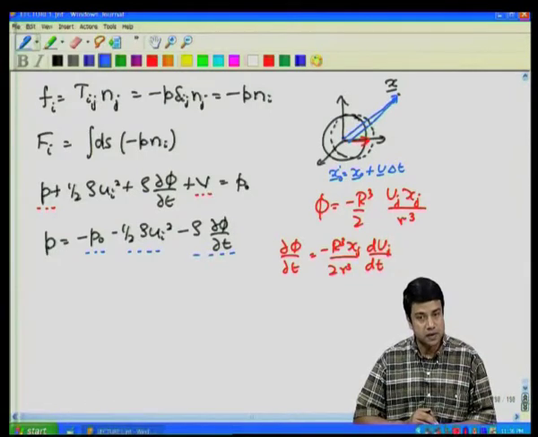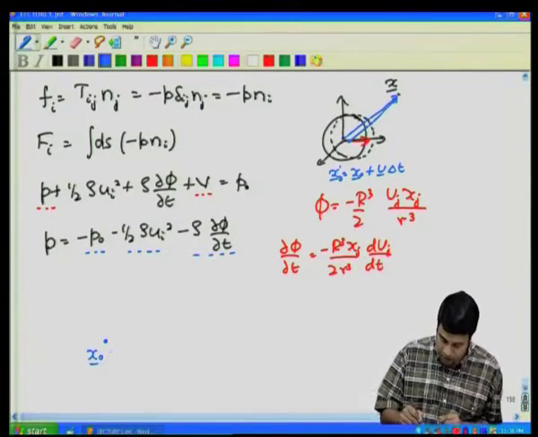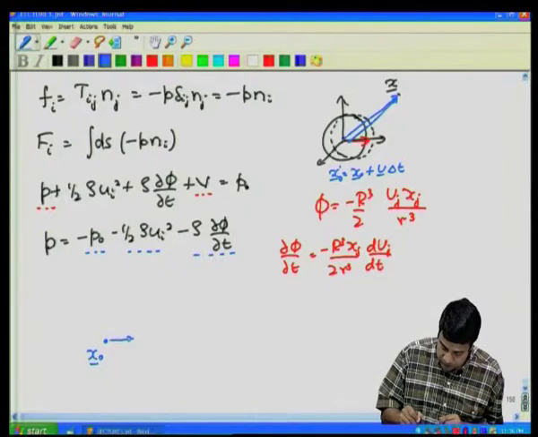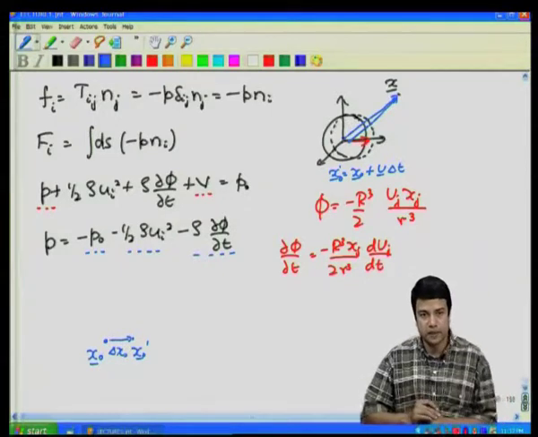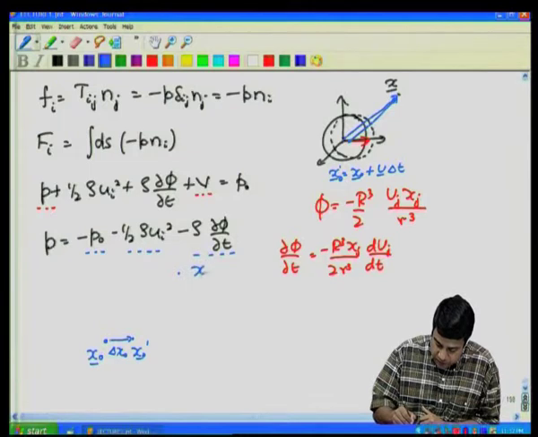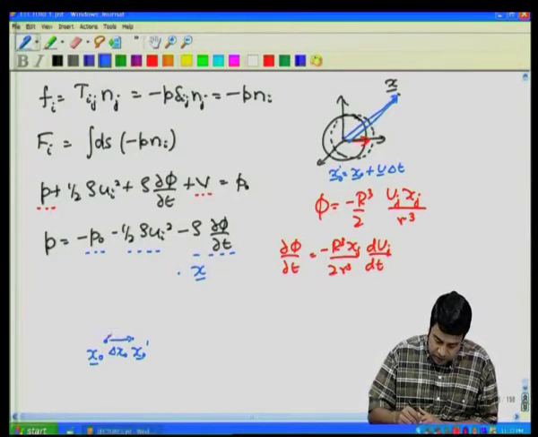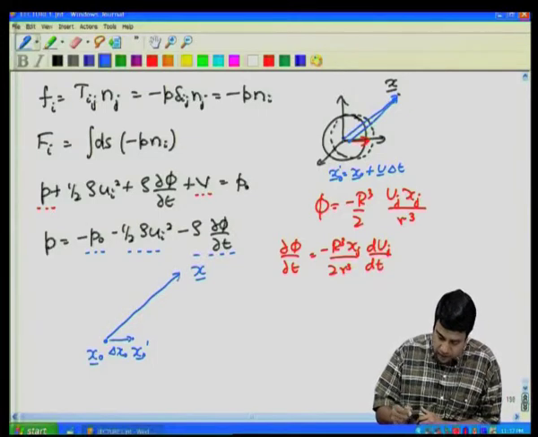How much is that difference in potential? That can be shown by a simple construction. Let us say that my original location was x naught and the sphere moved to a new location x naught prime, where this displacement was delta x naught. My observation point is at the location x. So, the radius vector at the initial time was equal to this one.